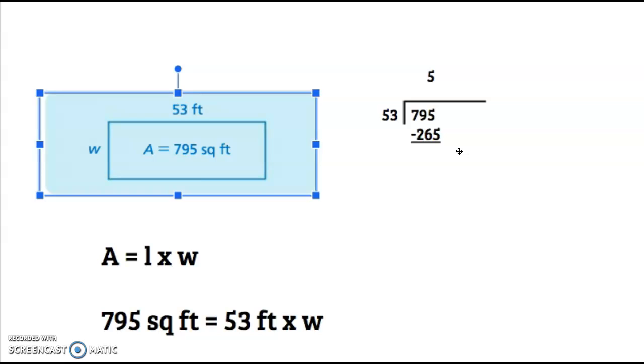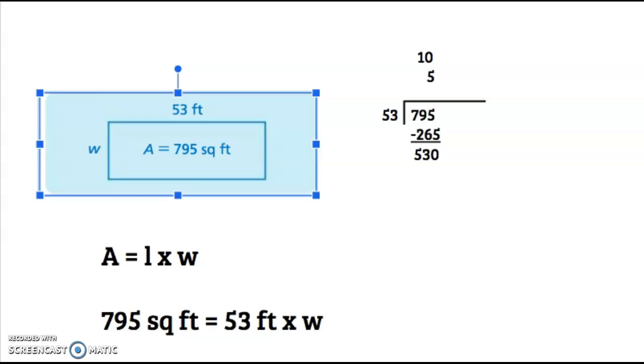I'm going to start with 5. So if I do 53 times 5, I get 265. Now I need to do my subtraction to find out how much I have left over. All right, after I subtract, I have 530. Well, I know because of my mental math that I was just doing before that if I multiply 53 times 10, all I need to do is add a 0 on to my 53.